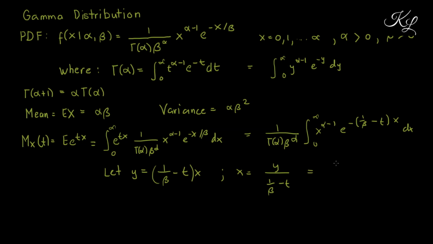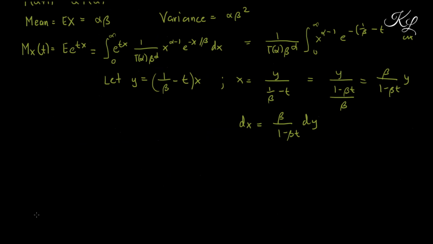We get y over, let us multiply beta with each term. We'll get 1 minus beta t over beta, or this one will become equal to beta over 1 minus beta t, y. Then dx is equal to, the only variable in here is y, so we'll get beta over 1 minus beta t dy.